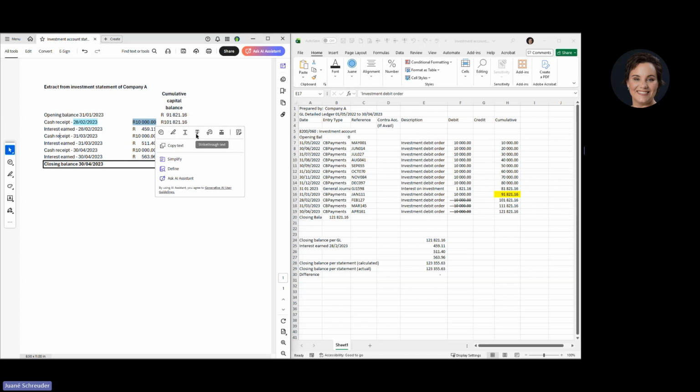So you can either then, if you want, highlight it. In terms of reconciliation, it's often easier to kind of scratch them out and basically cancel them out. So I'm going to use the strike through text in the investment account. And I've done a similar thing on the right-hand side in the general ledger. Last year in this webinar, someone taught me the quick trick of how to do a strike through, and that was control number 5.